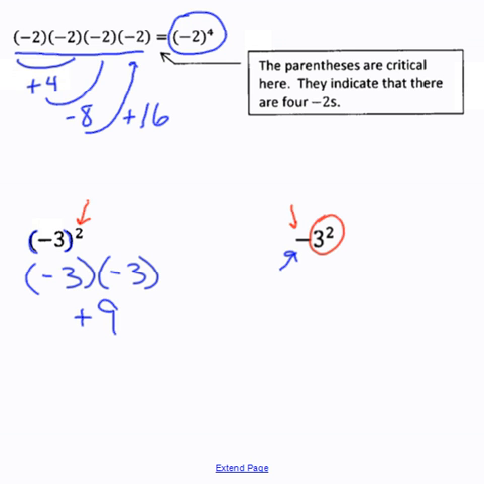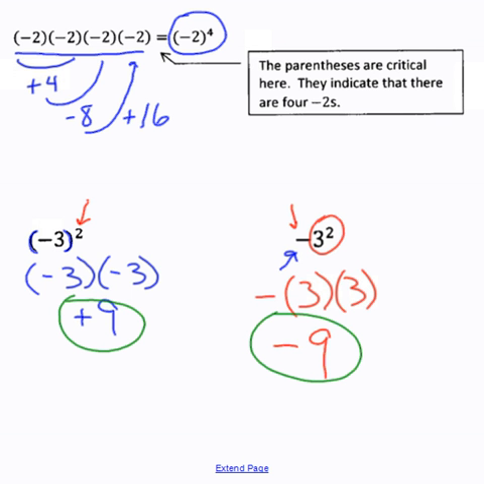So we keep our negative out here, but what's being squared is 3 instead of -3. And you can see the difference, +9 over here, -9 over here. Make sure you see why that is, make sure you practice those, make sure you know how to do those.